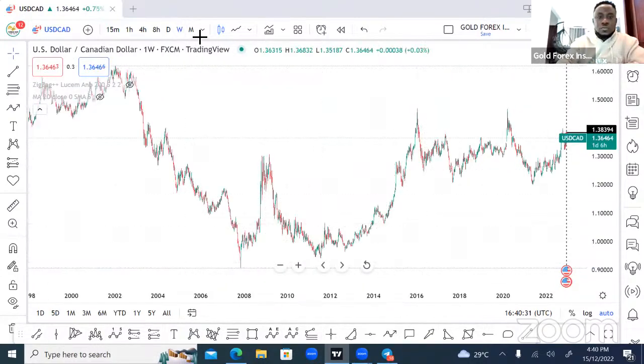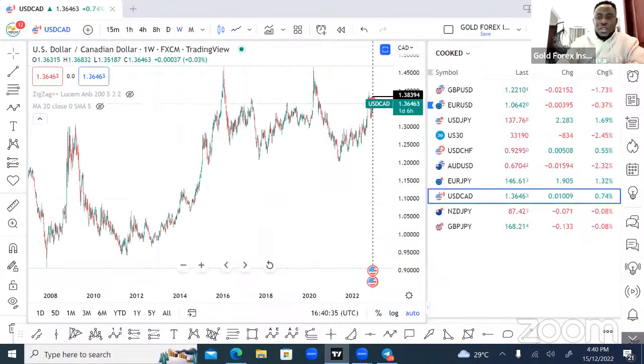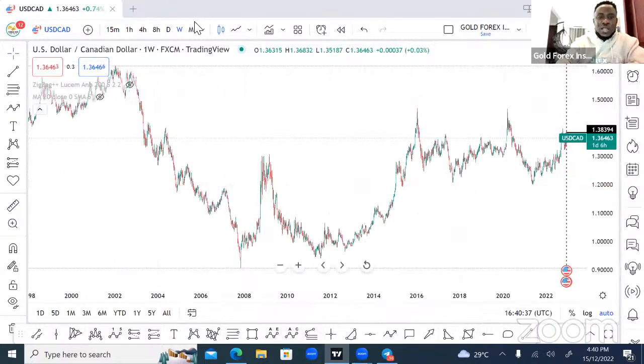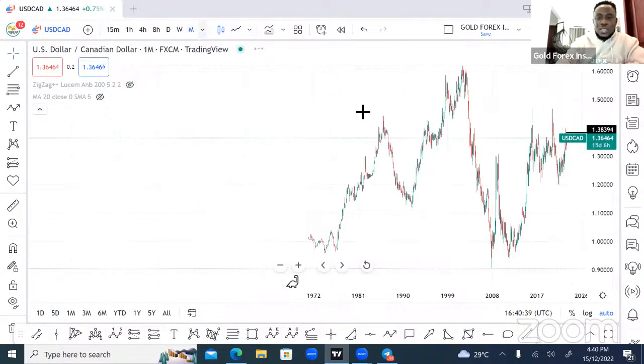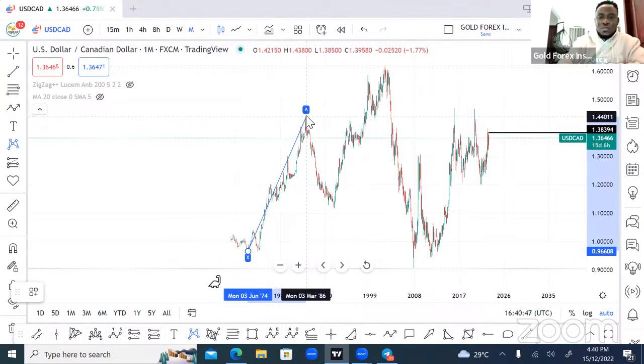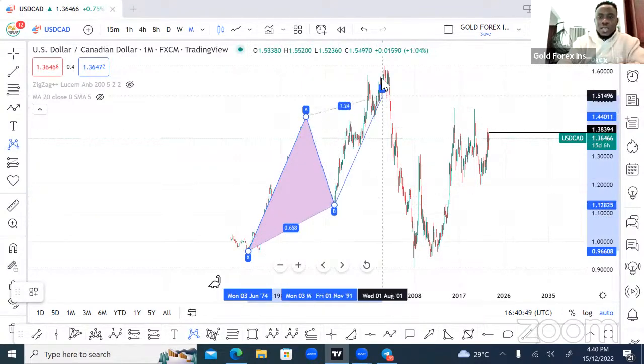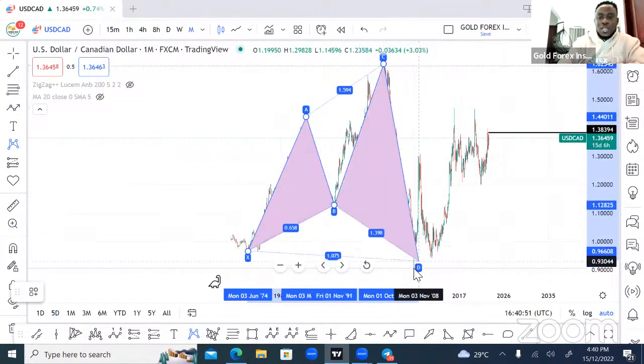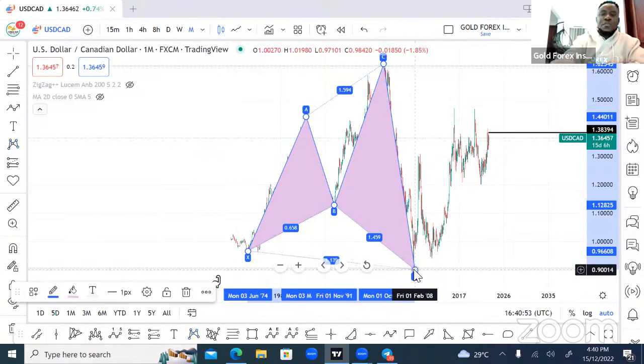Now, this one, we've already done it already, but let's look at it once again. Here we had a sharp pattern over here. We had a sharp pattern formation at the 113 fib level.